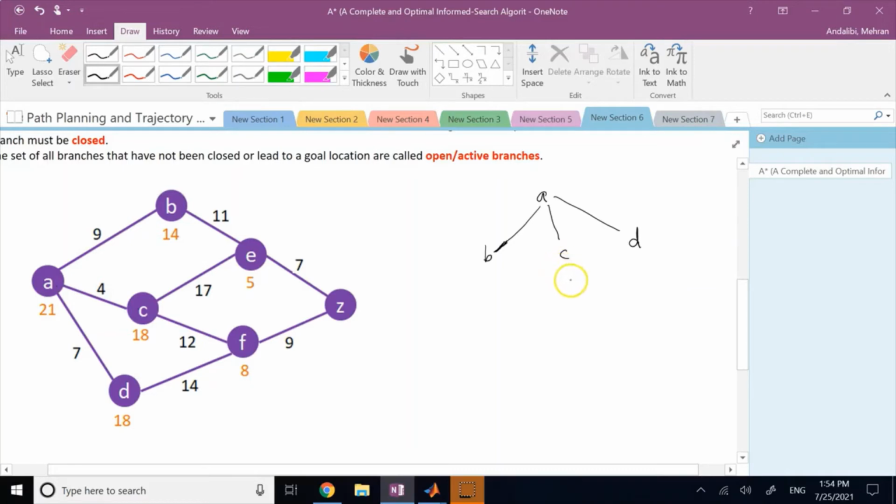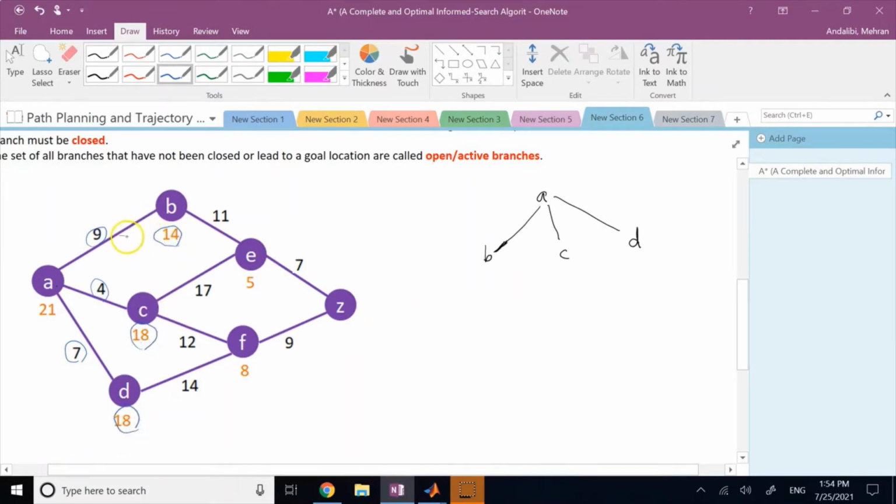Now, how much does it cost to go from A to B, C, or D? Not only do I have to add the weight of the edge that connects A to B, or A to C, or A to D, I also have to add that value to the H value at those nodes.